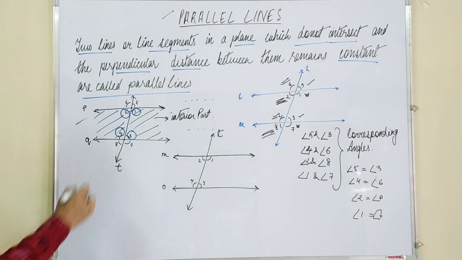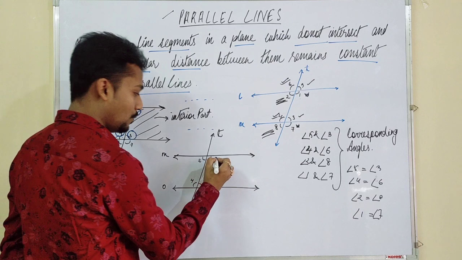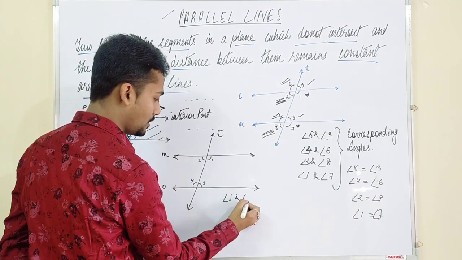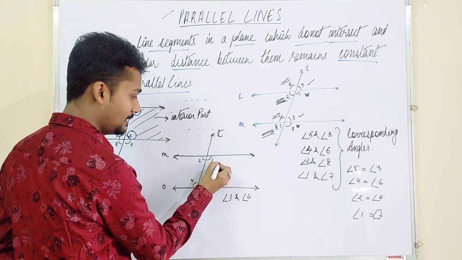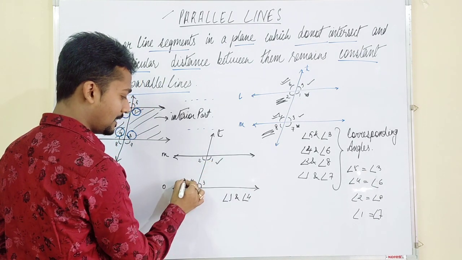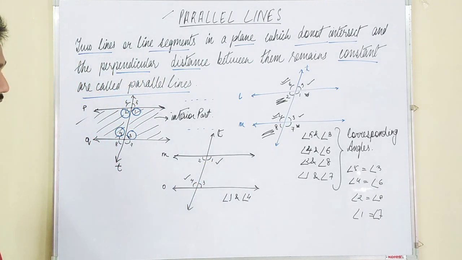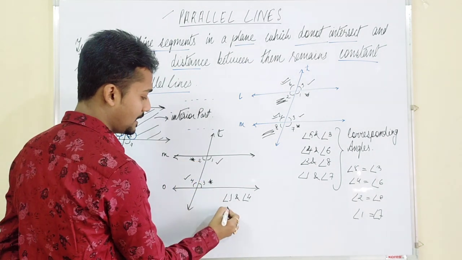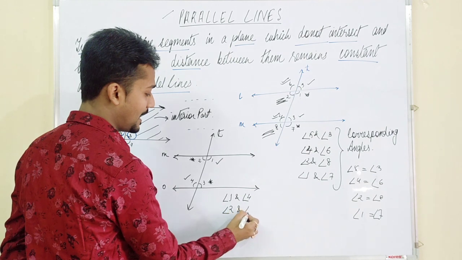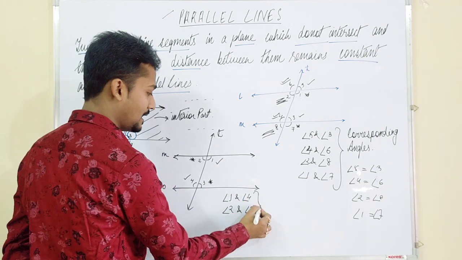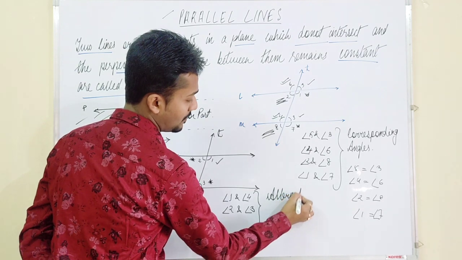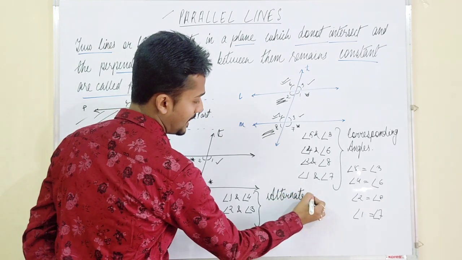We have learned this here, isn't it? Now 1 and 4, this angle and this angle, and 2 and 3, angle 2 and angle 3, are known as alternate angles.